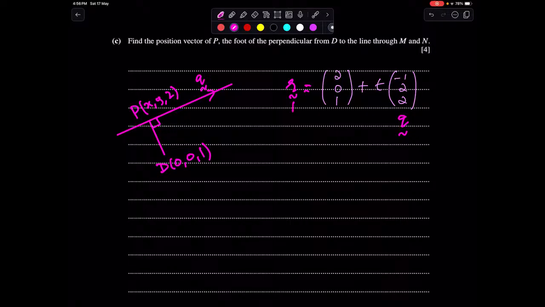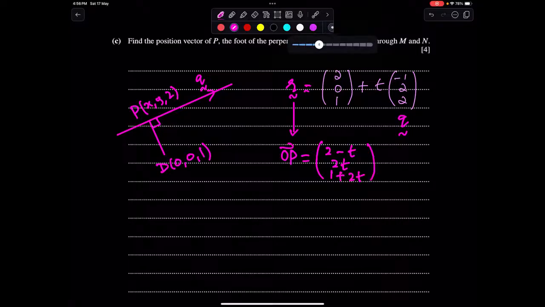So number one, we have to work for P. I told you, replace R by foot of perpendicular. So OP vector is 2 minus T, 2T, 1 plus 2T. This is the position vector OP. Now find DP. It's OP minus OD.